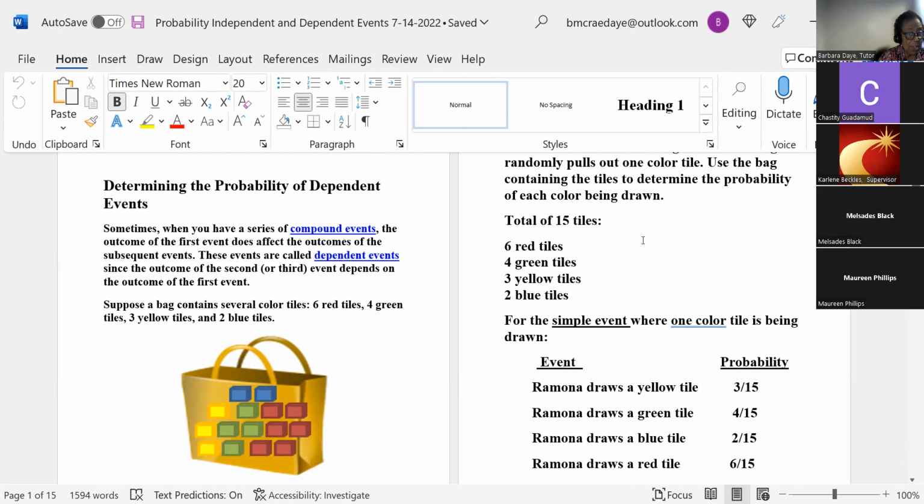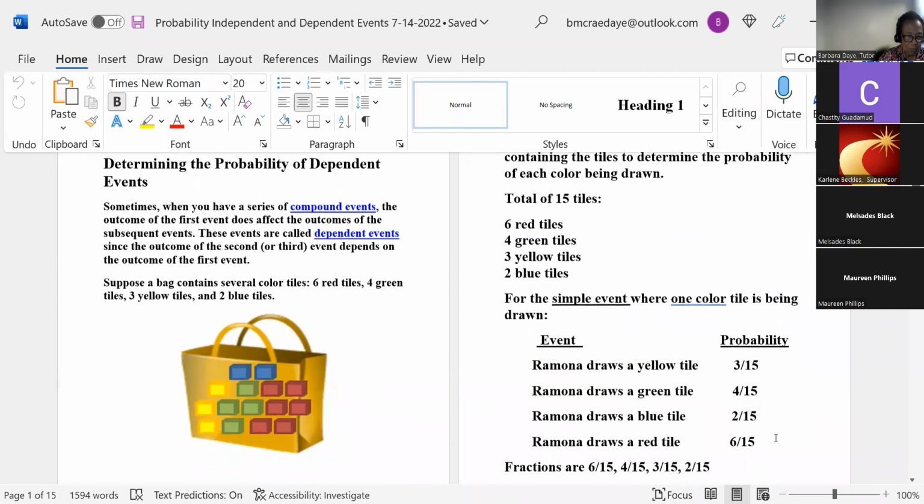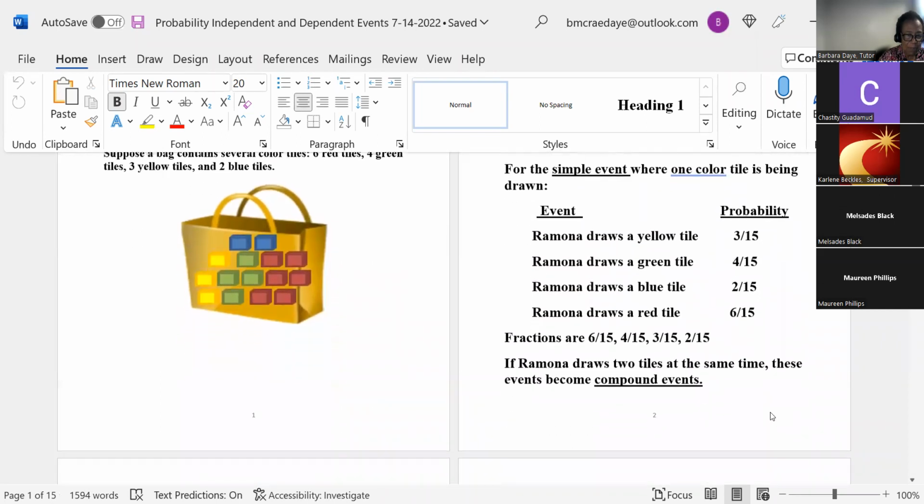The probability of getting a yellow tile is the number possible over the total. 3 yellow, 15 total. 4 green, 15 total. 2 blue, 15 total. 6 red, 15 total. So those are your probabilities.